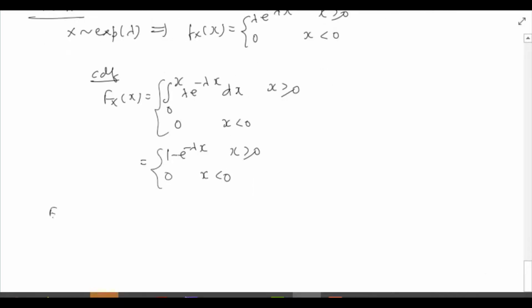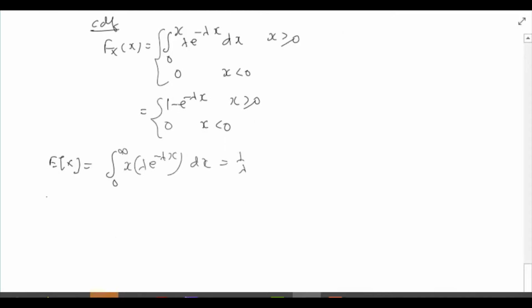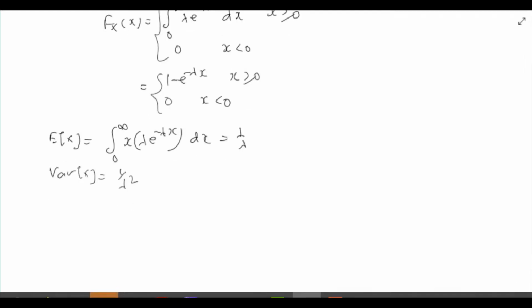The mean of the exponential random variable x can be computed as the integral from 0 to infinity of x lambda e raised to minus lambda x dx, and it turns out to be equal to 1 over lambda. Variance of an exponential random variable turns out to be 1 over lambda square. There is an interesting connection between exponential and Poisson random variables.